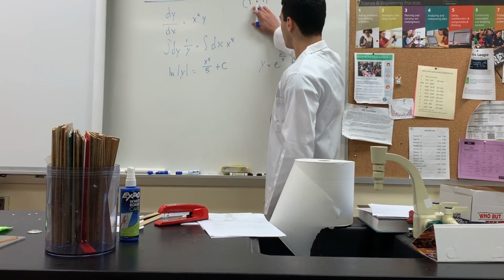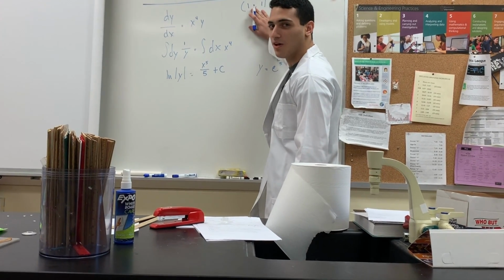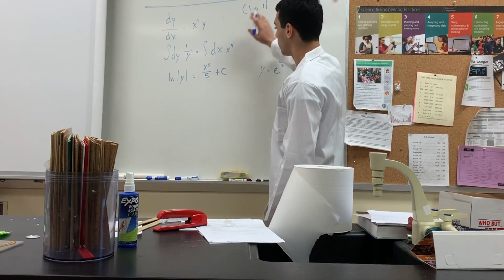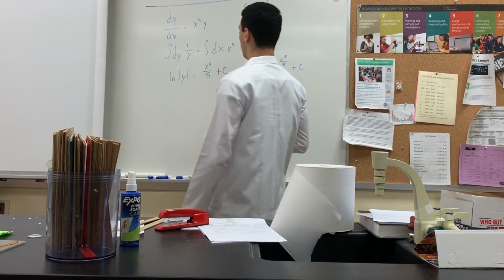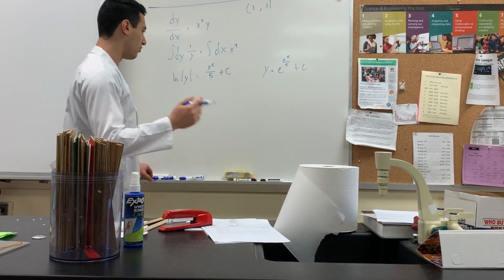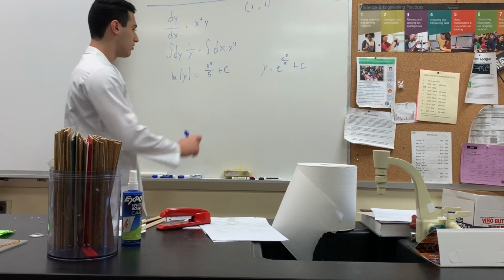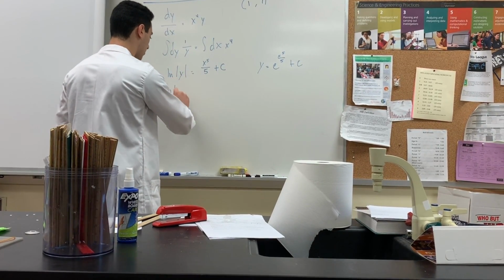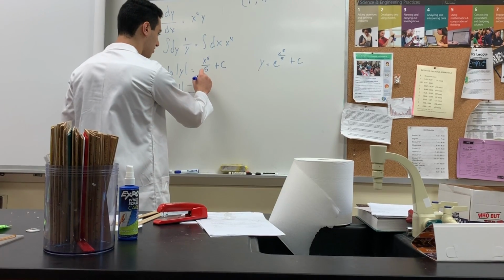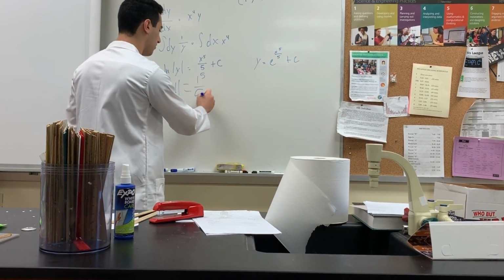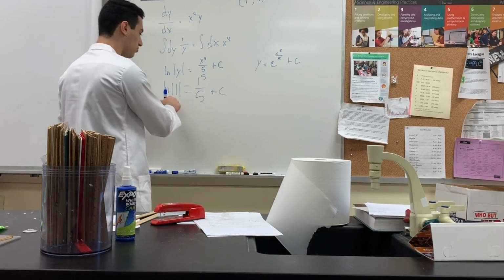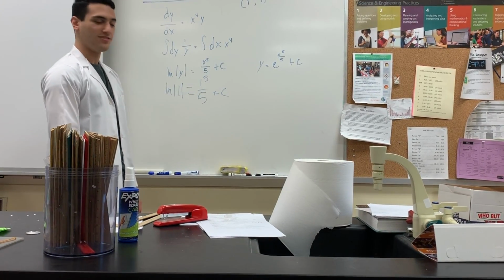Now, we are trying to find the particular solution for this equation at 1, 1. So that means we need to plug in 1 for y and 1 for x. So the natural log of 1 equals 1 to the fifth, which is the same thing as 1, over 5 plus c. The natural log of 1 is what? 0.